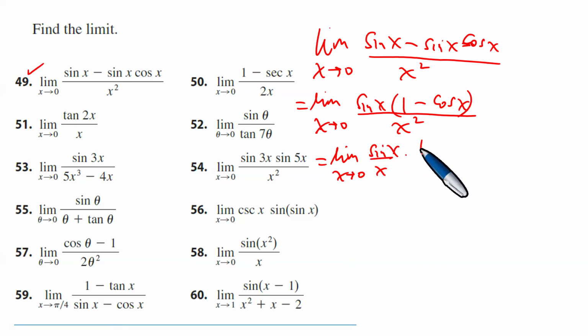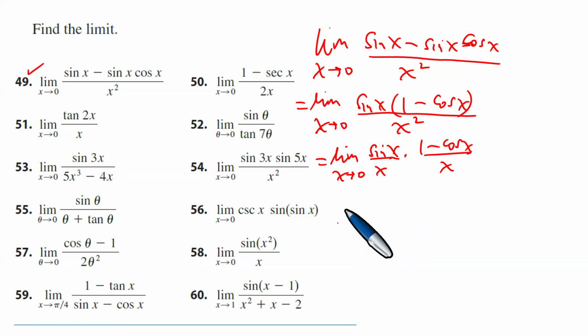We can write it as sine x over x times (1 minus cosine x) divided by x, because x times x is x squared. That is what is evident, and we want to do this very carefully.